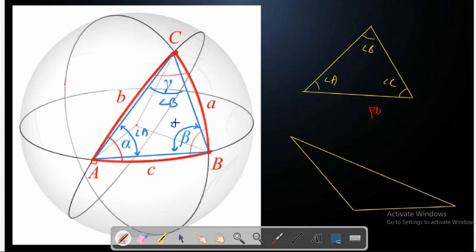So this triangle we call a spherical triangle, and this triangle we call a planar triangle. In case of plane survey, planar triangles are formed, where the summation of the three angles is 180 degrees. But in case of a spheroidal triangle, the summation, that means alpha plus beta plus gamma, will be more than 180 degrees. That is the difference between a spherical triangle and a planar triangle.